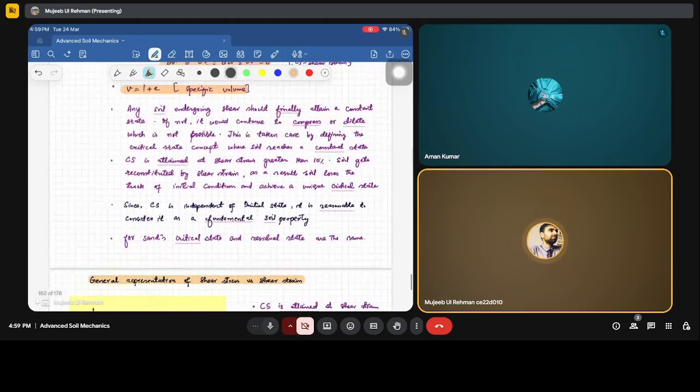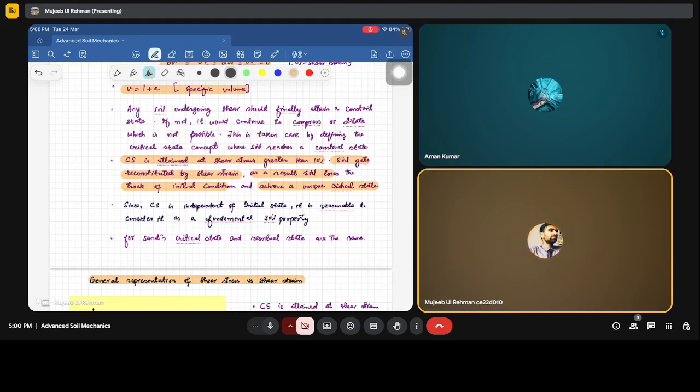Again, this critical state is attained at shear strain greater than 10%, and soil gets reconstructed by the shear strain, as a result of which soil loses track of initial conditions and achieves a unique critical state. As I told you, the particles get rearranged at a constant stress value and constant volume. As a result, it loses its initial conditions, whether it was loose or dense, and hence it reaches a unique critical state.